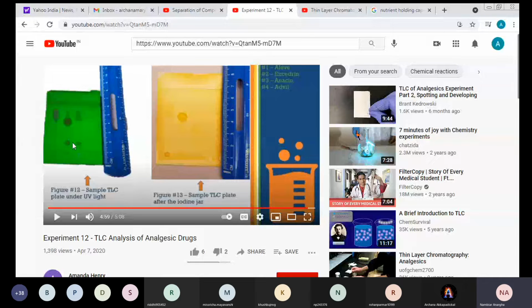So we have to take our hand inside the UV chamber, in direct contact with UV light, to circle the spots that we see. That is a bit harmful. You know how UV light is harmful for our hands. So a better option is an iodine chamber, which is comparatively not that harmful. Yes, we may continue with our video now.